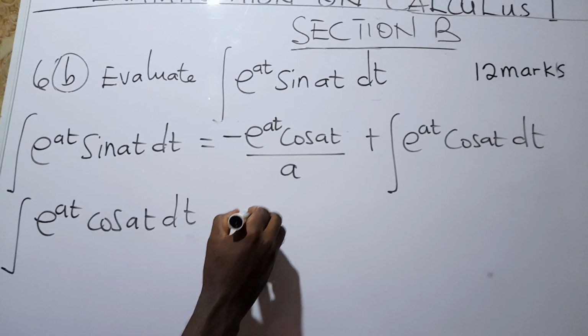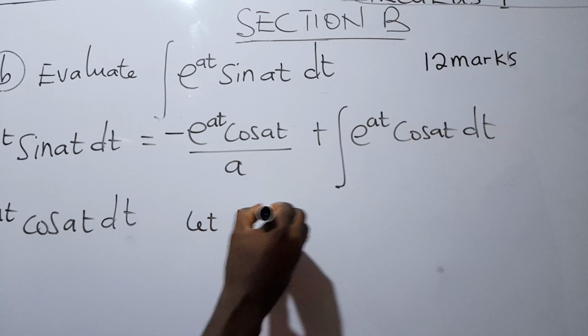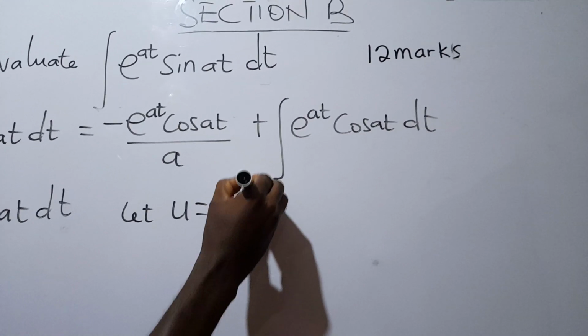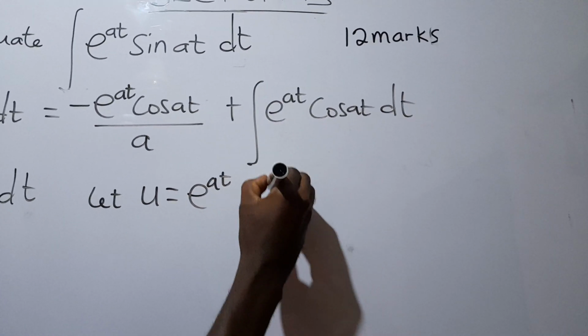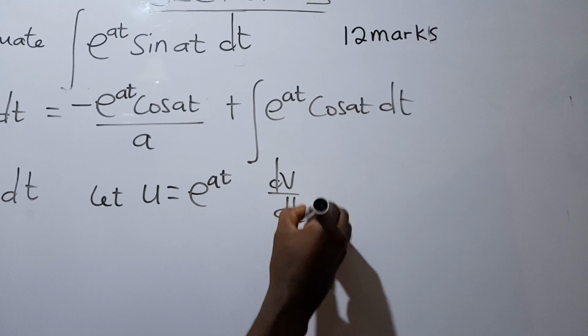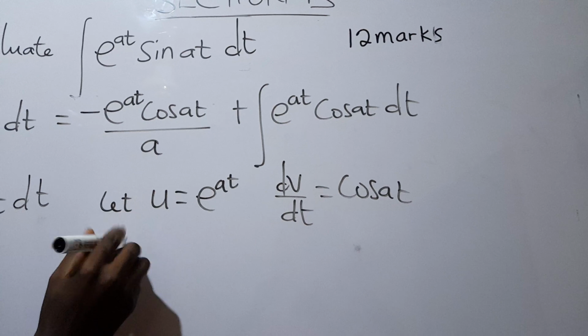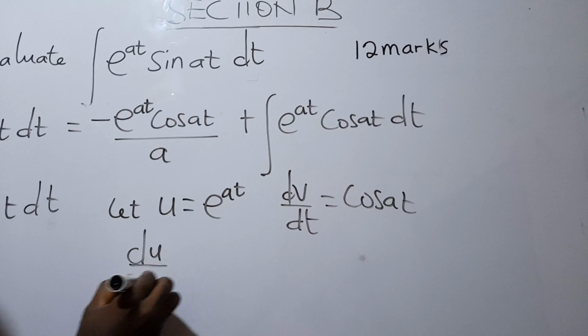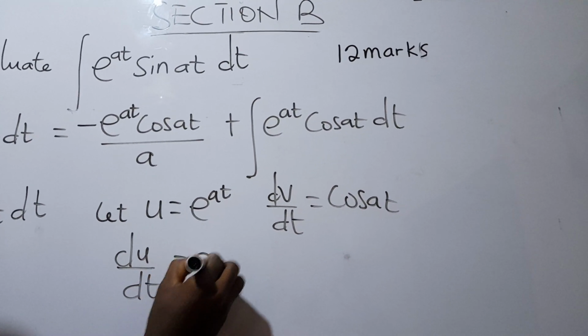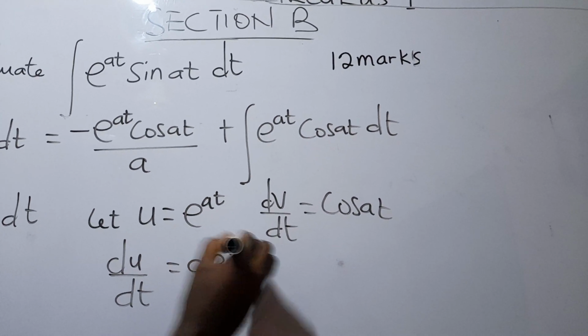Again, we let u be equal to e^(at) and dv/dt to be equal to cos(at). When we differentiate this, that's du/dt, we'll get a e^(at).